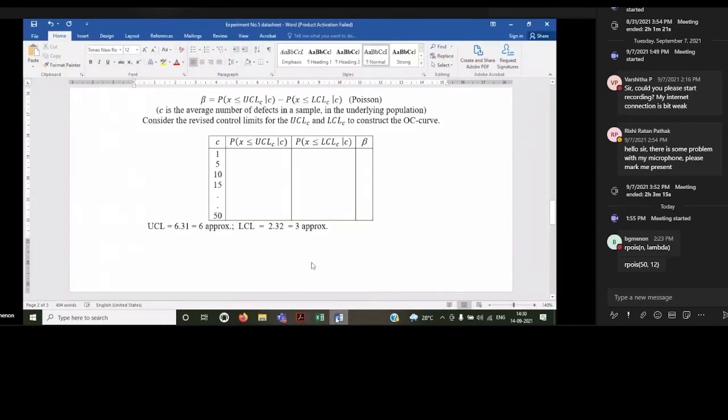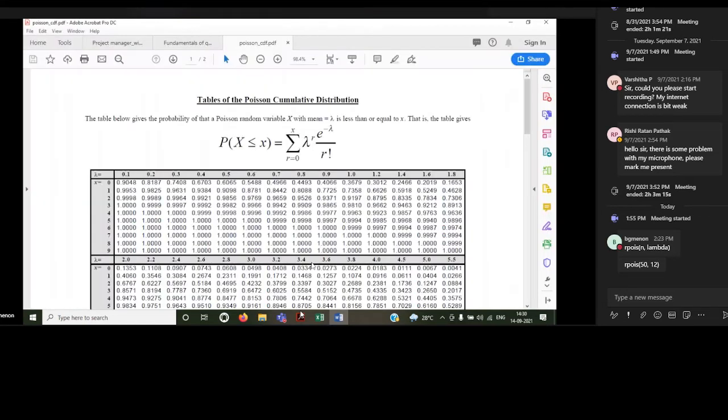So let us take the case of the first one. UCL is 6 and LCL is 3. For UCL 6 and C value 1, you have to find out the probability value.